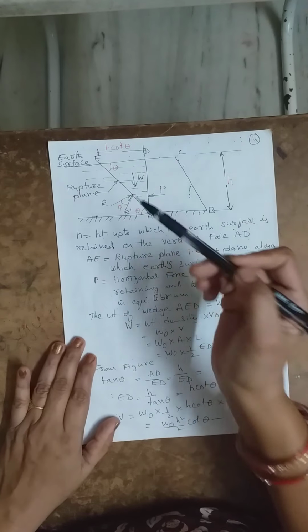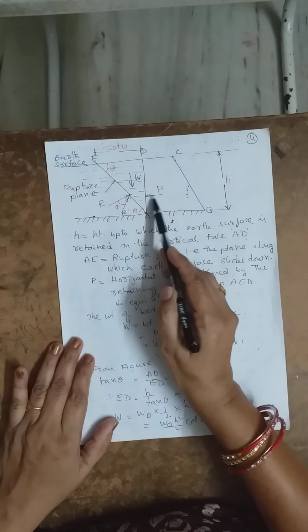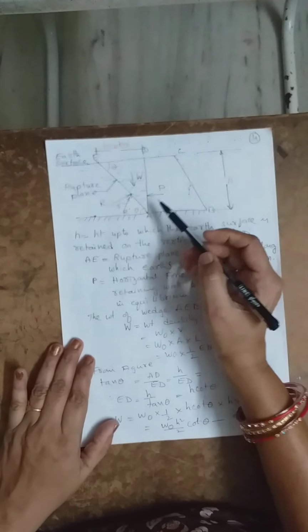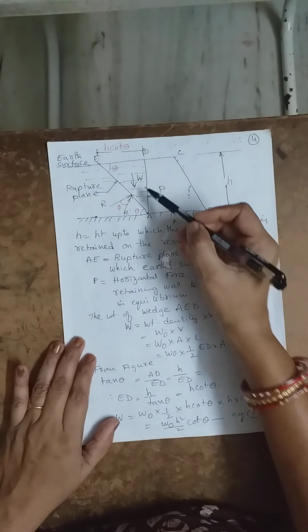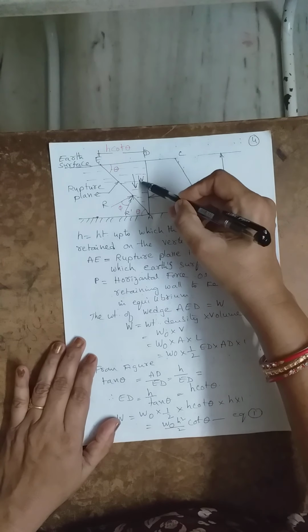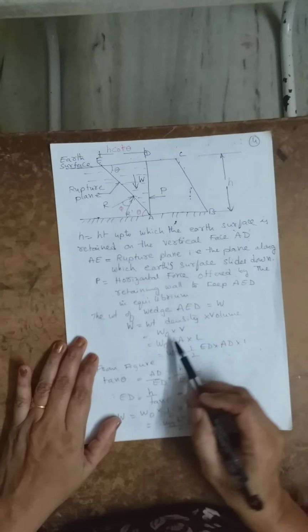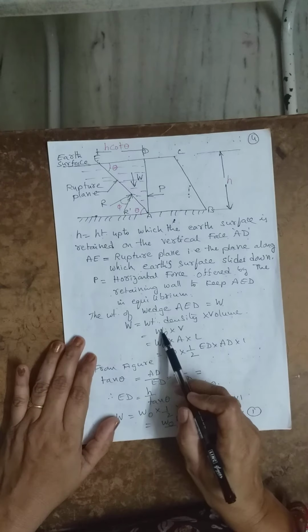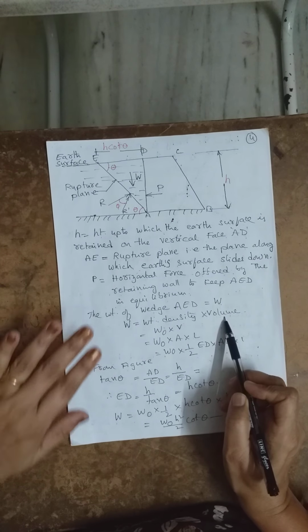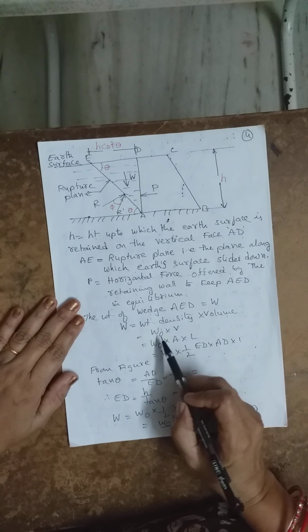in equilibrium position. This P is offered by the retaining wall to keep AED in equilibrium, and of course W is the weight of the wedge AED. How to find W: W is equal to weight density into volume, as we already discussed in the retaining walls and dams cross sections.